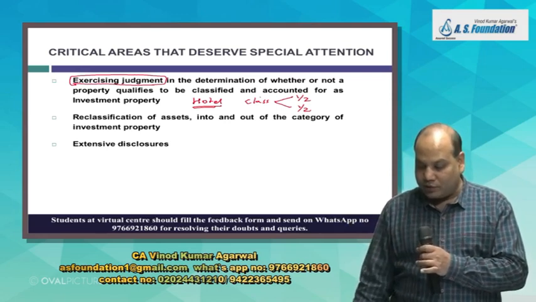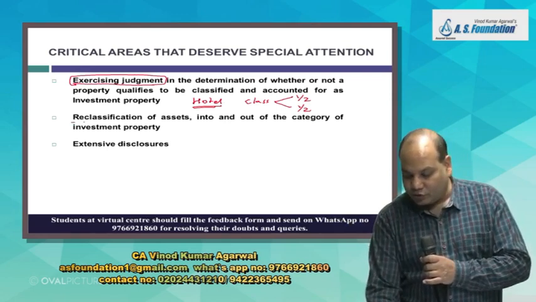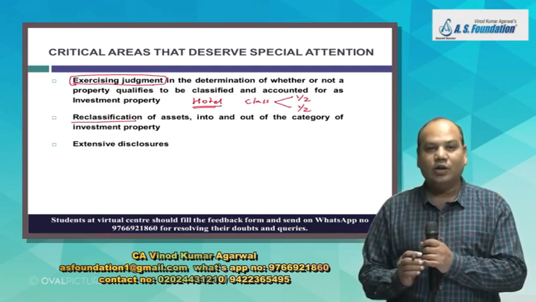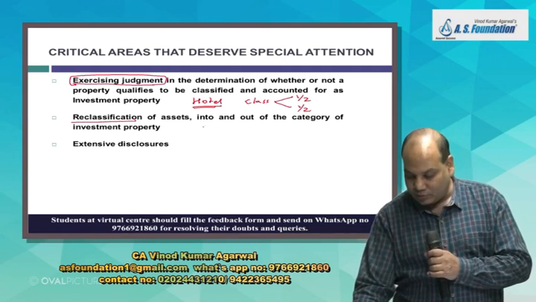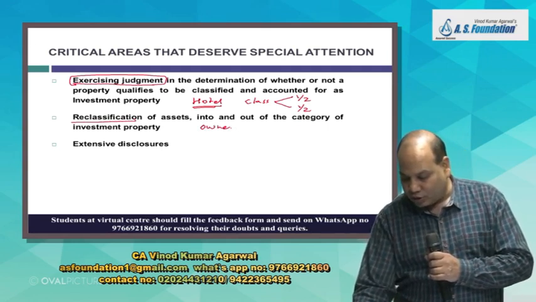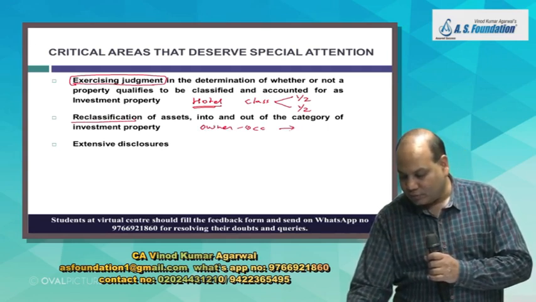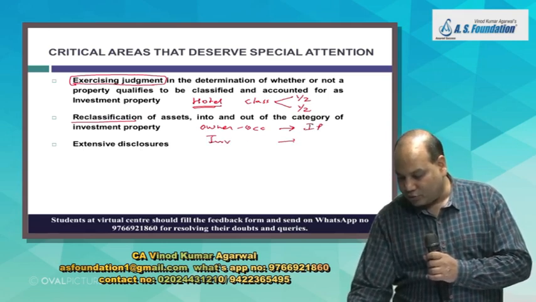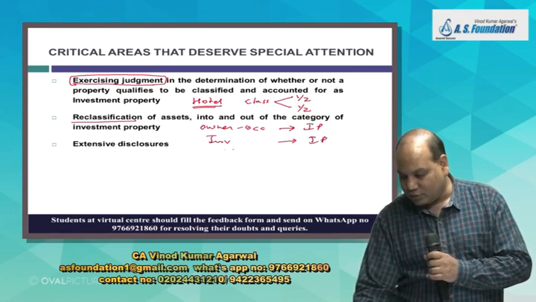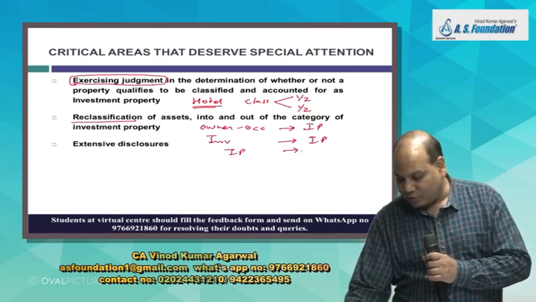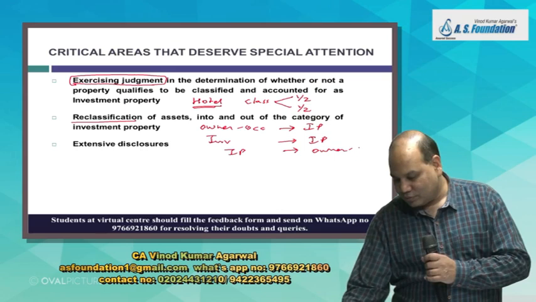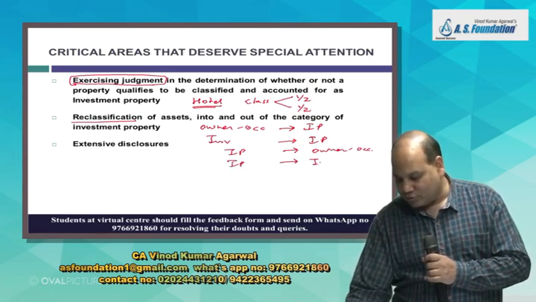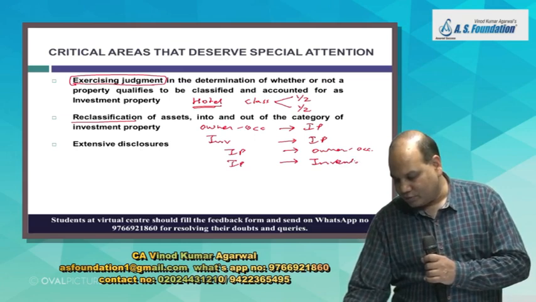And then reclassification. Next part of this chapter would be reclassification of asset into and out of the category of investment property. So owner occupied property to investment property, inventory to investment property, investment property to owner occupied property, investment property to inventory.